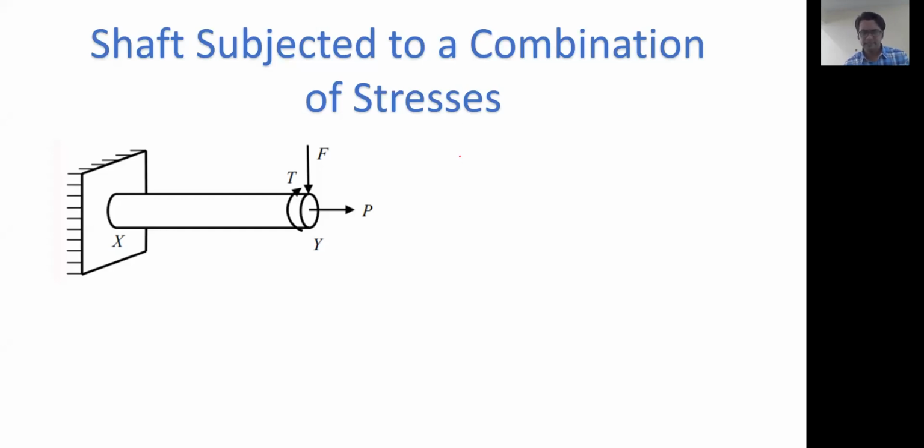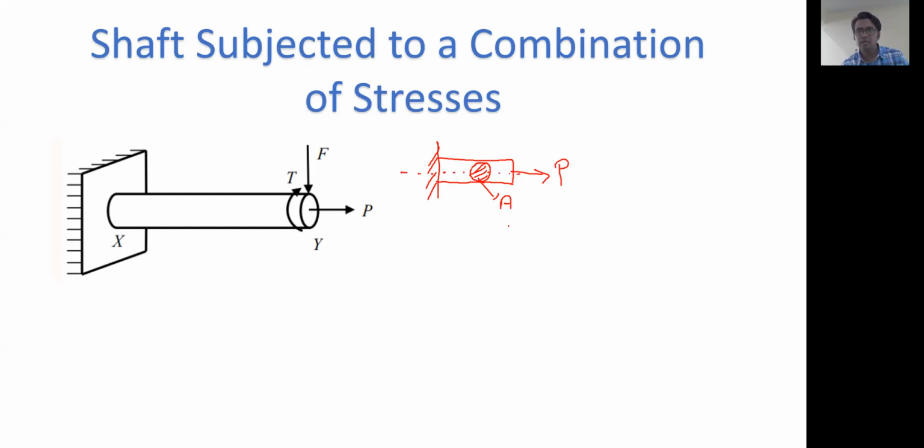Suppose we have a shaft, and I say I will be applying an axial load on it, meaning it acts along the axis, and its cross-sectional area is A. Then I ask you, what is the magnitude of the stress acting on it?